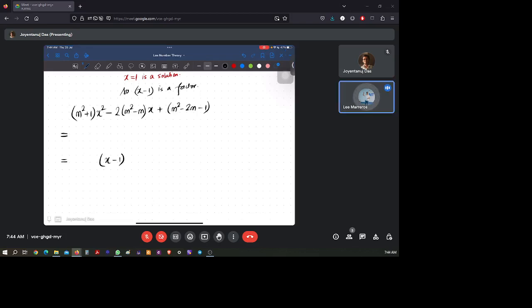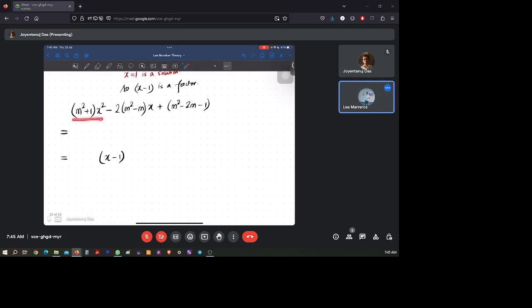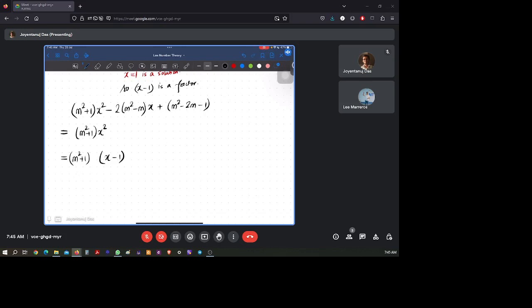Suppose here is only 1x. What should I multiply here so that I get my first term as this quantity? If I multiply this by x, then I get that expression. Yes, you need to have x outside also.